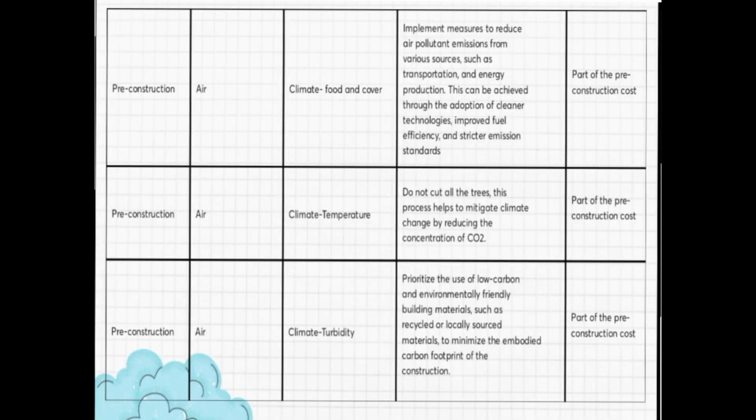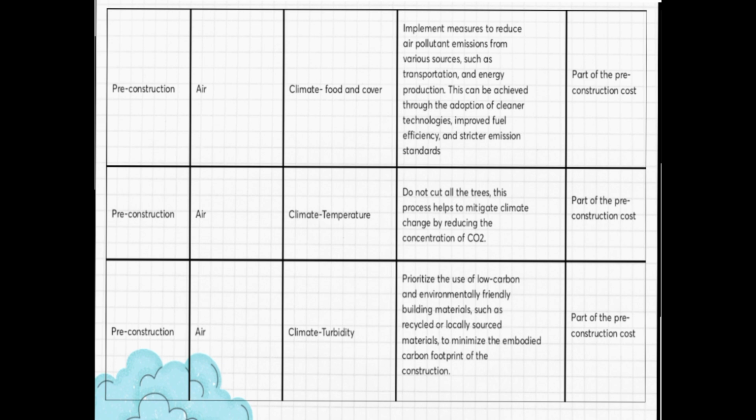So, to continue the discussion, Impact Management Plan or IMP is part of the summary of key environmental aspects. Under the project phase, we have the pre-construction, and the environmental component likely to be affected is air. The predicted impacts are climate, flood, and cover.